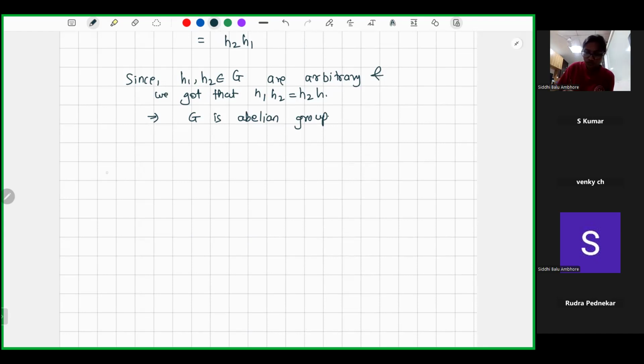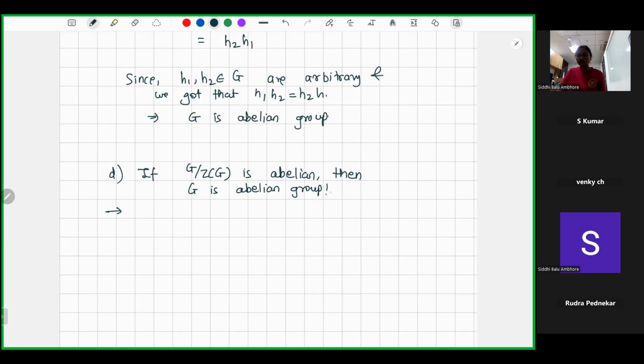Okay. So now the next question. Now the converse part. We also need to discuss the converse part of this statement, which is that if G mod ZG is abelian, then G is an abelian group.